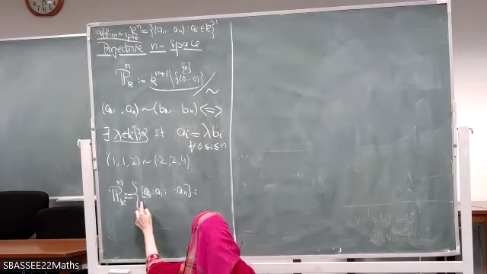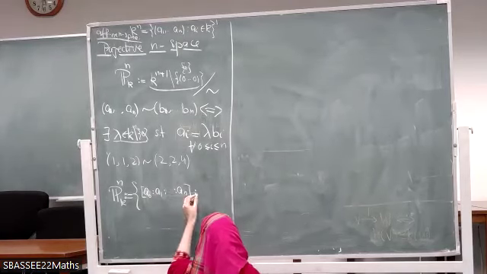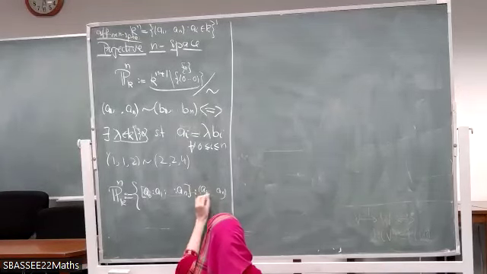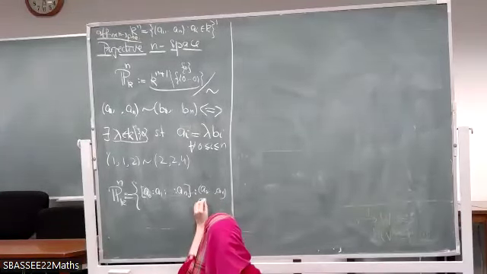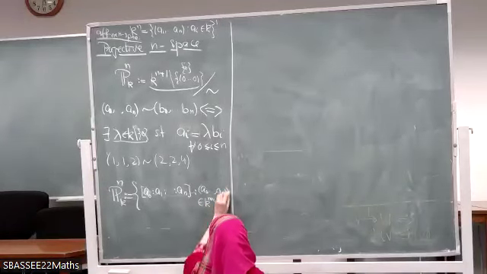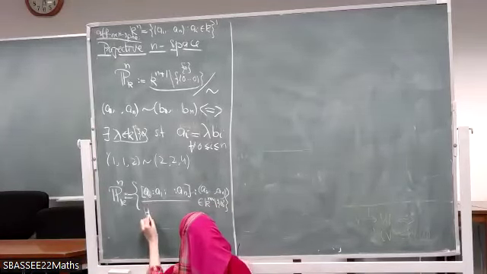These are called the projective coordinates of your element A, where this one belongs to K^(n+1) minus 0. So these are called homogeneous coordinates.